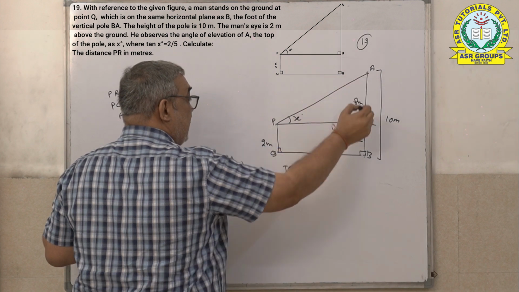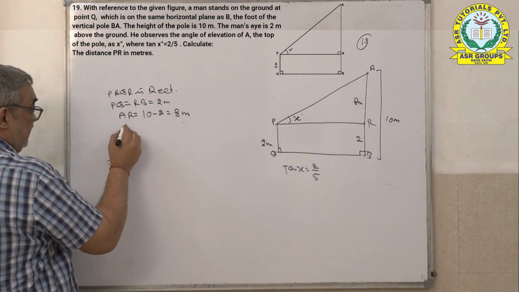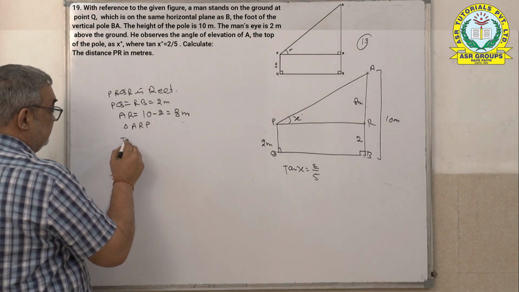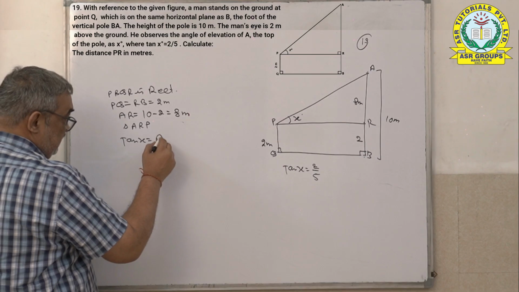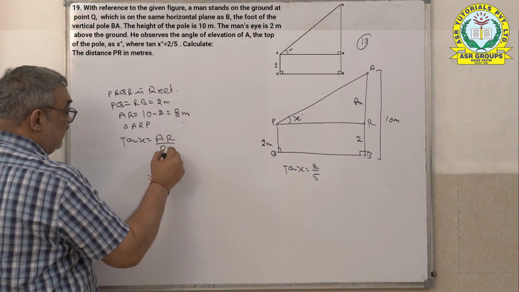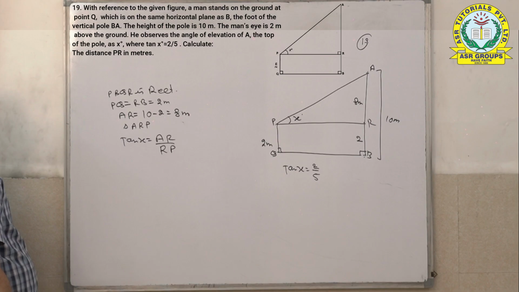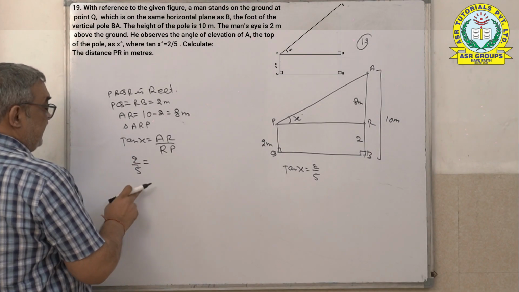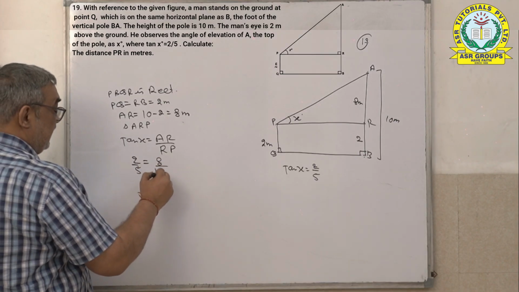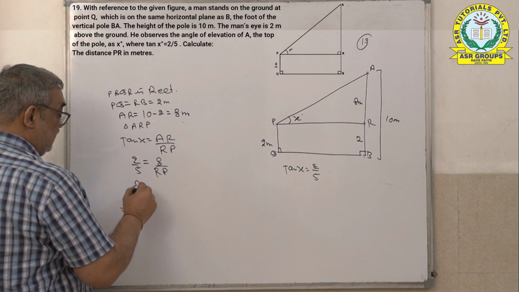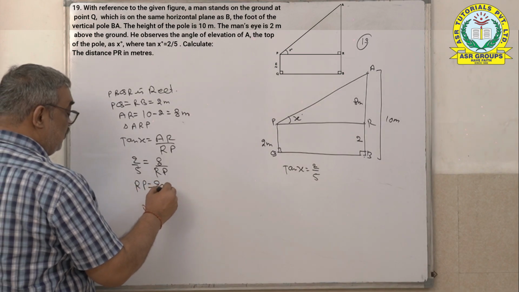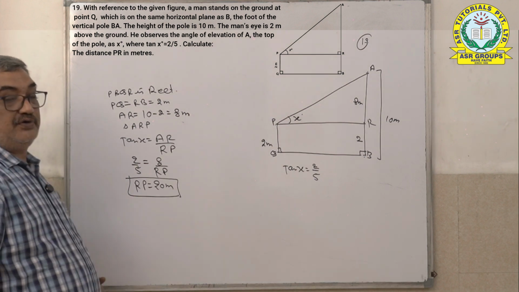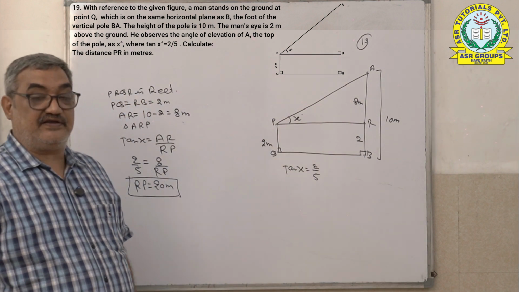Now the triangle ARP. Tan x is AR upon RP. Tan x they have given 2 by 5. 8 upon RP. Calculate: RP equal to 20. It is a board question. Be careful. Correct?